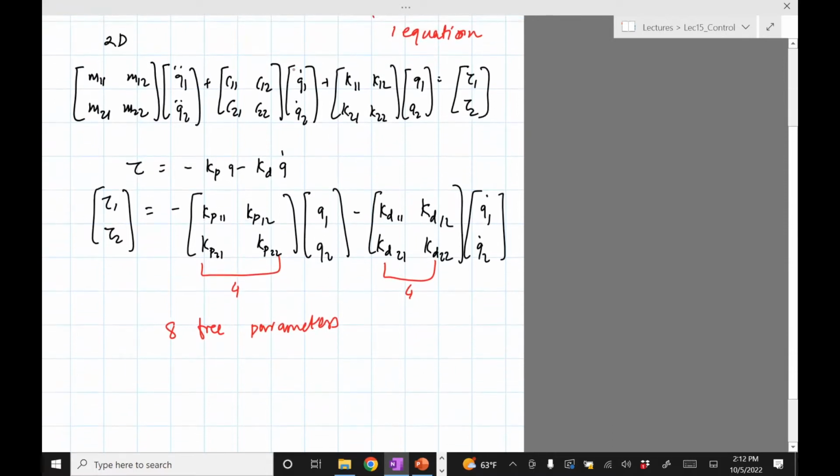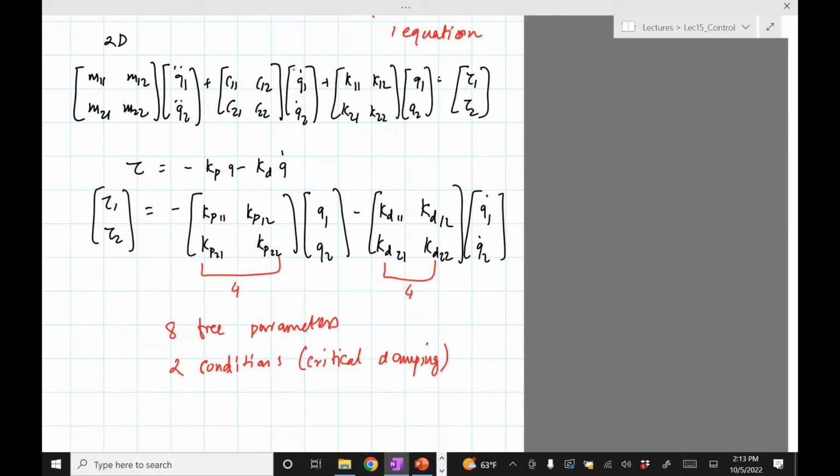If you have 8 free parameters, remember that we're trying to have a critically damped system. So we'll have 2 conditions for critical damping, which means that even if we find a relation between those k's, we will have 6 numbers which we have to choose. Now that's just too unwieldy, right?